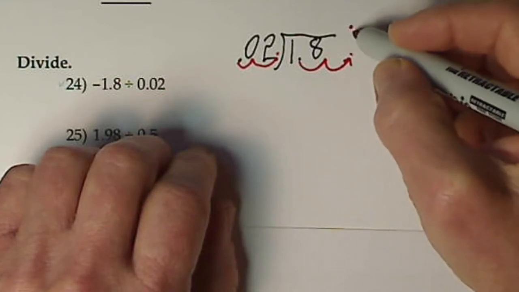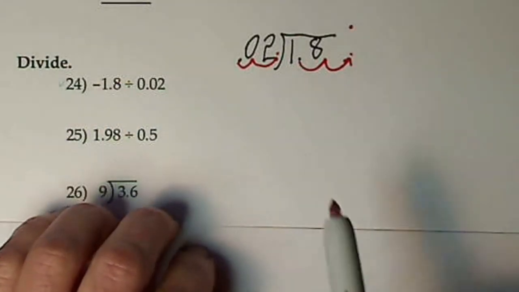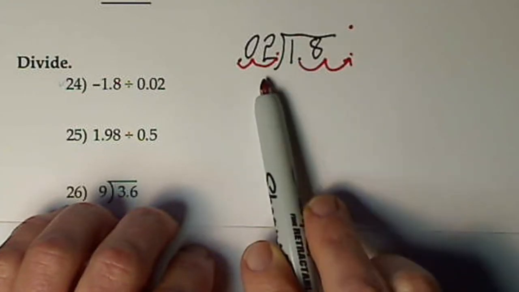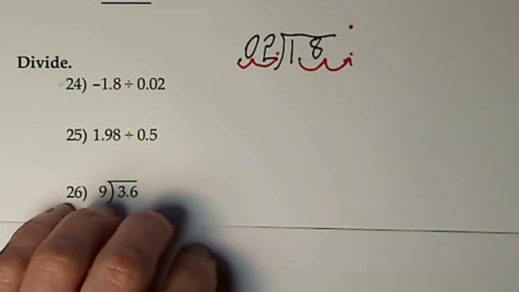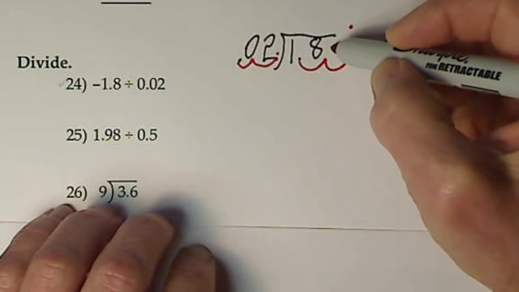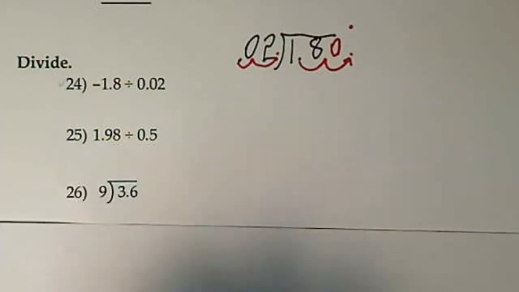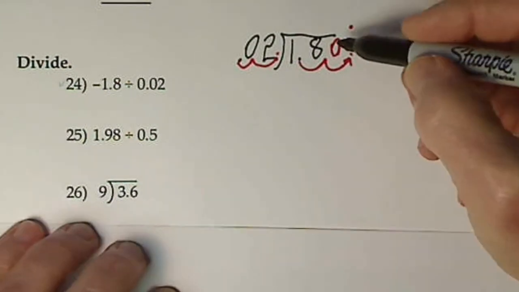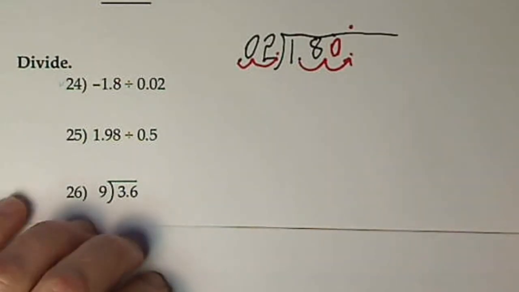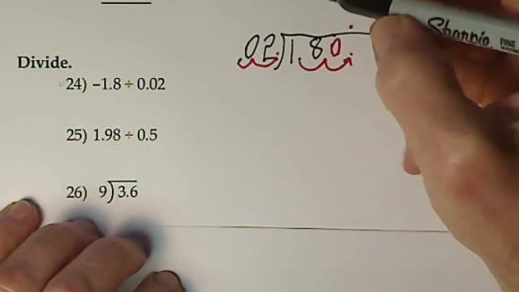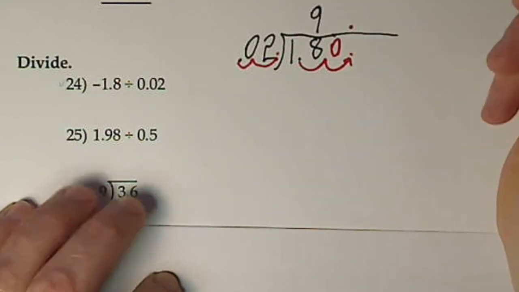Remember, you always have to tell the world where the decimal is. Okay. Essentially what I did is I multiplied by 100 and I multiplied by 100. You will need a 0 to hold that decimal place. And perhaps we'll extend this a little bit. All right. So 2 goes into 18 9 times.